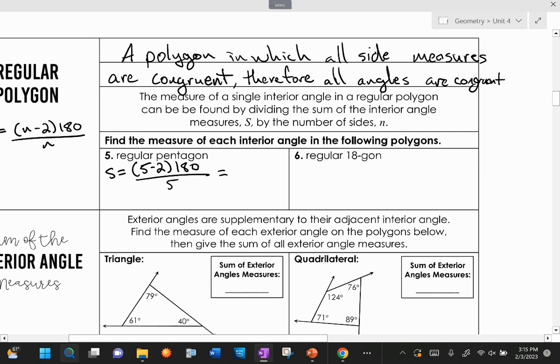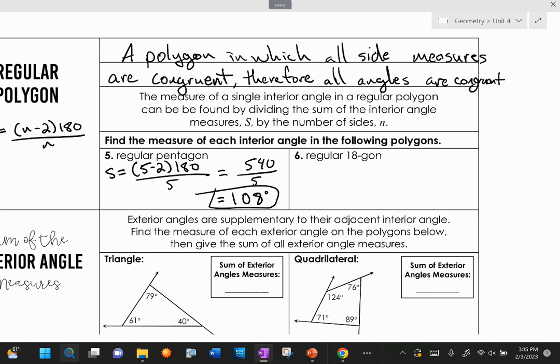Okay, that'll come out to be 540 on top divided by 5, which will come out to be 108. So in a pentagon, each angle measures what? 108 degrees. Yep.